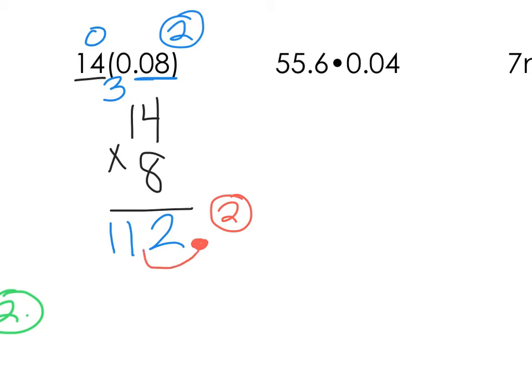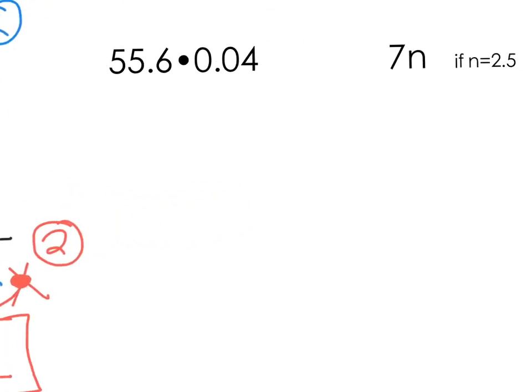So 1, 2. And now I found the new home of my decimal. So this decimal moved over, and my final answer is 1.12. So it's just like multiplying. The only difference is where you are going to put that decimal. Okay?